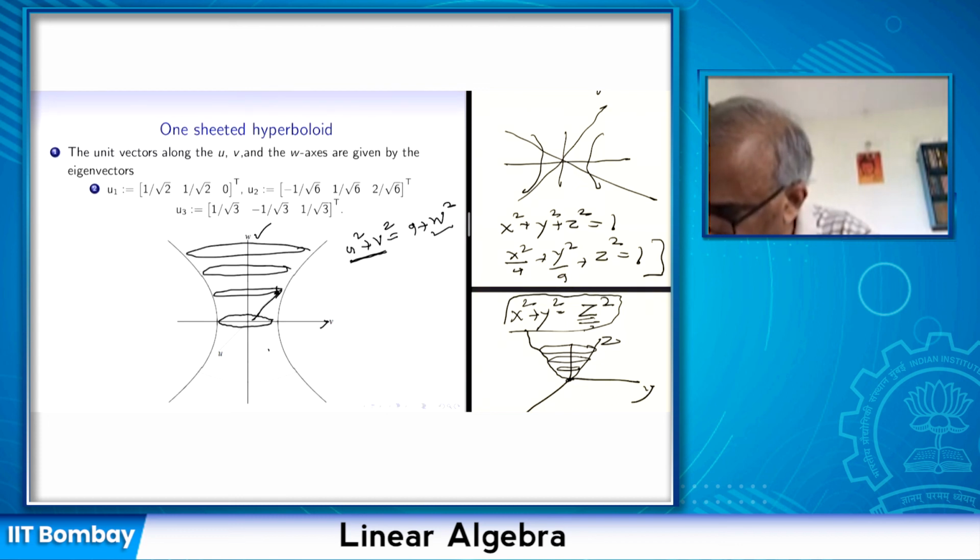So I get a hyperboloid. Why is it a hyperboloid? Where is the hyperbola in this equation? Put v equal to 0, then I get u square minus w square equal to 9.